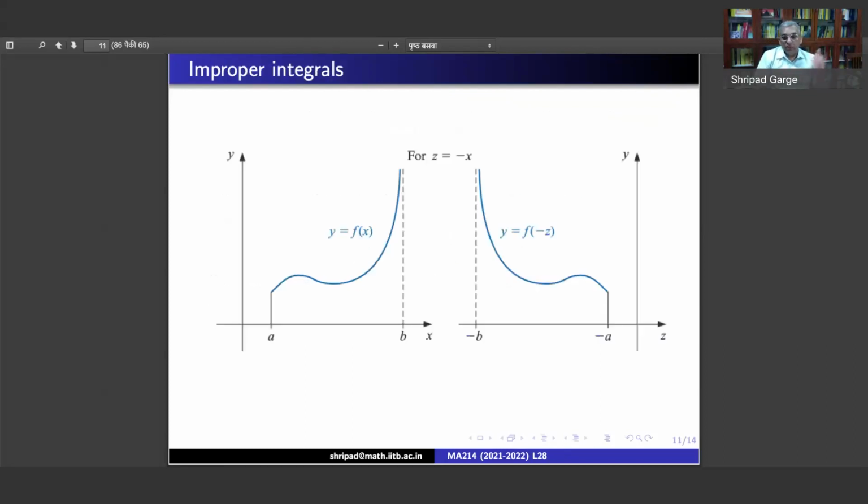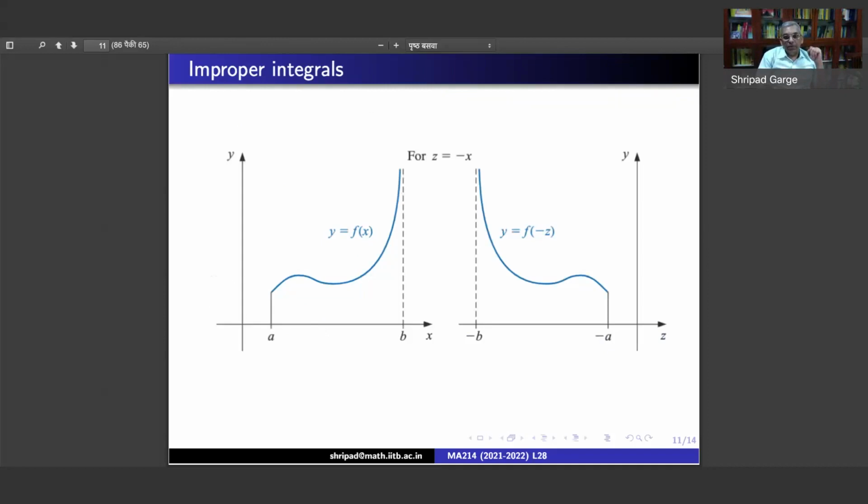Earlier you had a function defined on [a, b]. Now you have a different function which is defined on [minus b, minus a], and what you have done is just obtain some kind of a rotation. If you are allowing your whole thing to revolve around the y-axis in the xz plane, then you have revolved the whole thing and gone to the negative side of the x-axis.